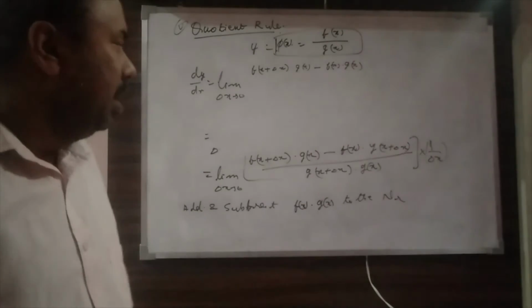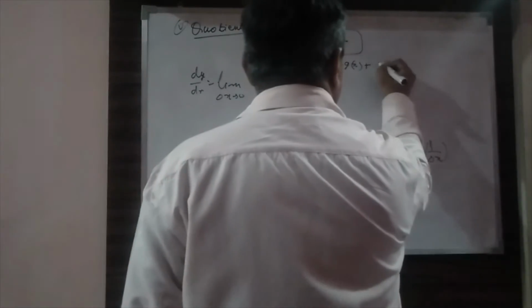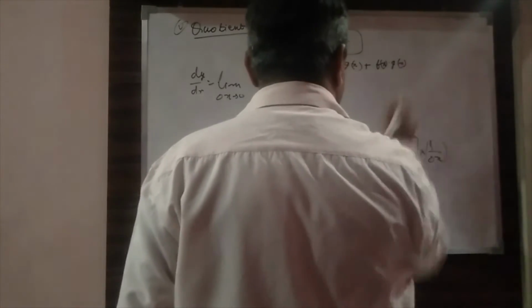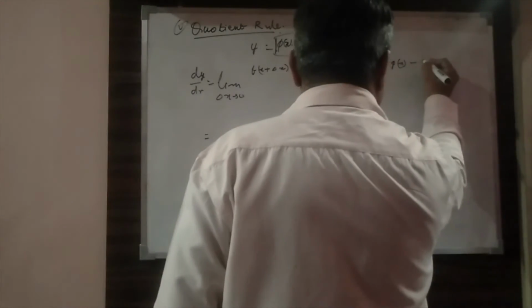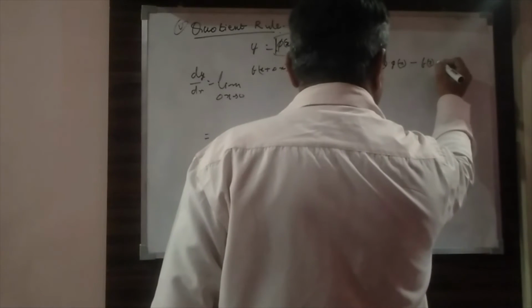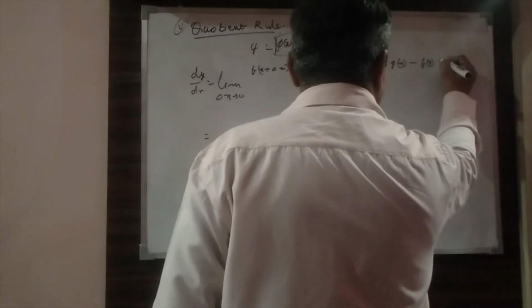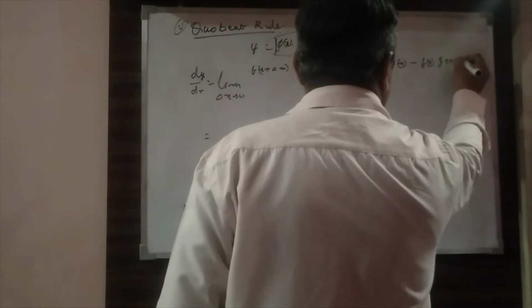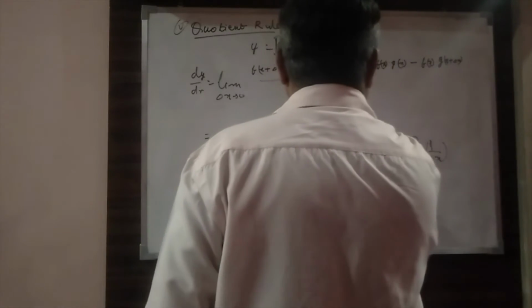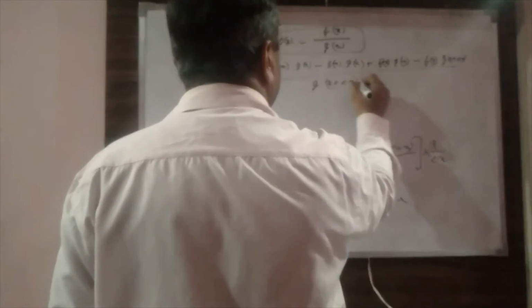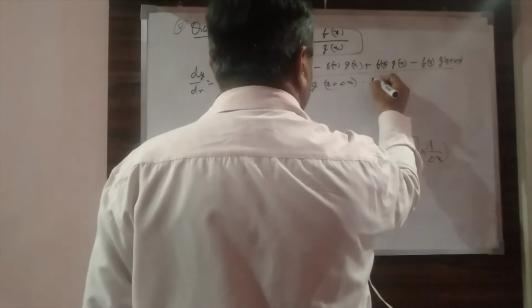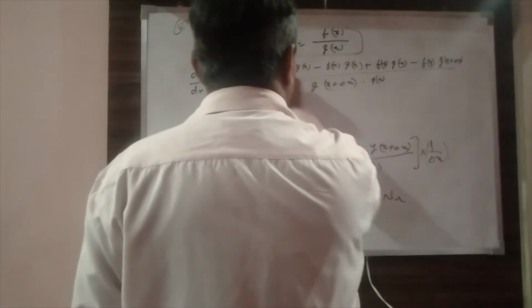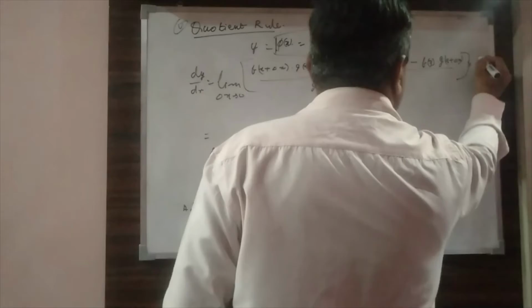First I have subtracted, then I will add the same thing, f(x) into g(x), and then minus f(x) into g(x plus delta x), divided by g(x plus delta x) multiplied by g(x), multiplied by 1 by delta x.